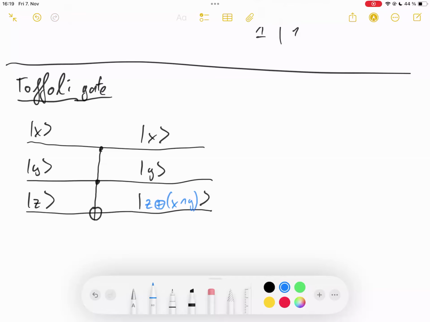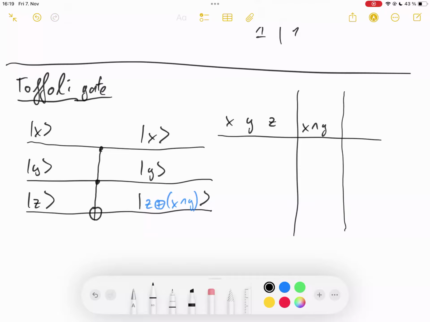We can think about what this means from a logical perspective with a table. So we have inputs X, Y, and Z. We will have an X AND Y, and we'll start with this. So we look at all the possible values.